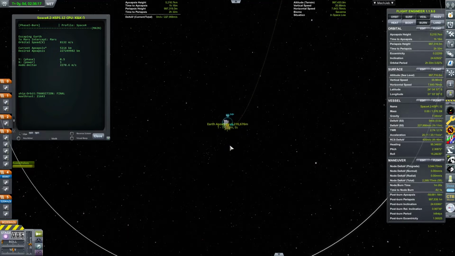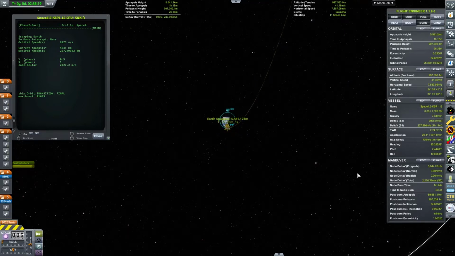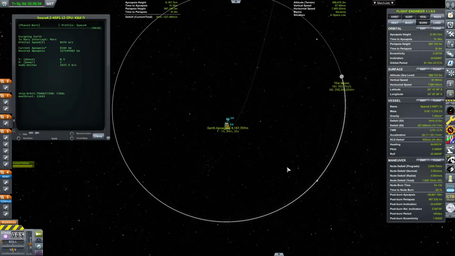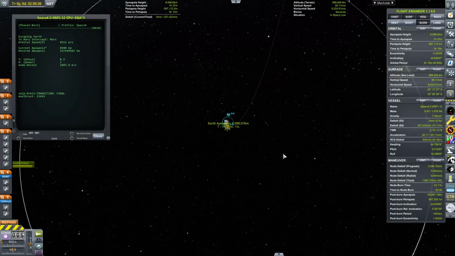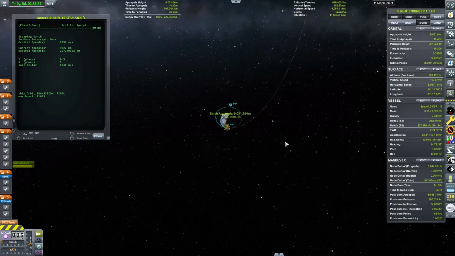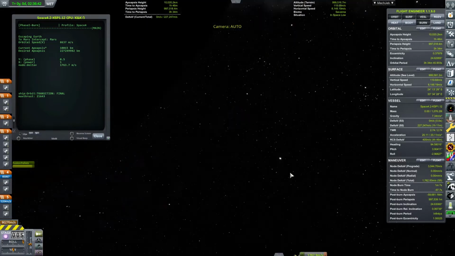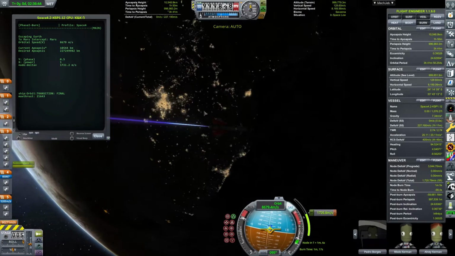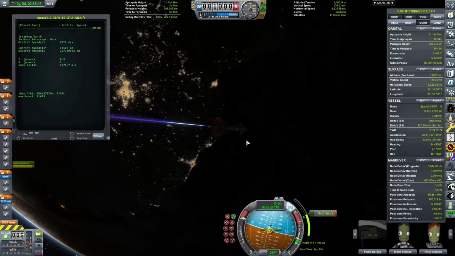we already used almost 1/3 of our delta V for this node, and it seems that we are in the same position. So that's why I said that the delta V needed to increase apoapsis is exponential. You can see we are at the same position, of course, and the apoapsis didn't increase so much.